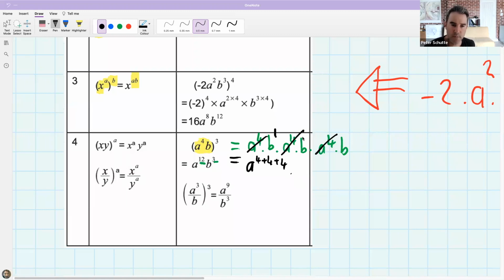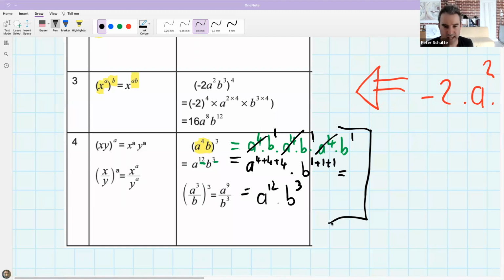And then b to the 1, b to the 1, b to the 1 gives b to the 3. So that's why you get your final answer of a to the 12 times b to the 3. It's a longer way to do it like that. That's why law 3 allows us to just multiply the powers.